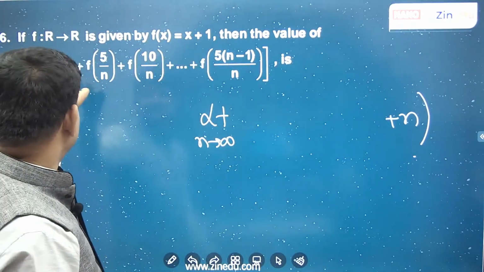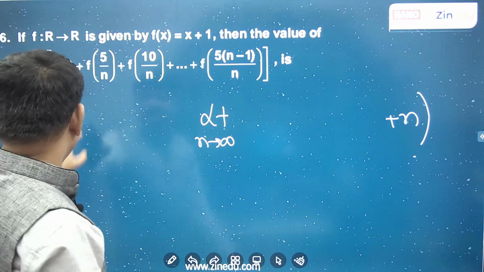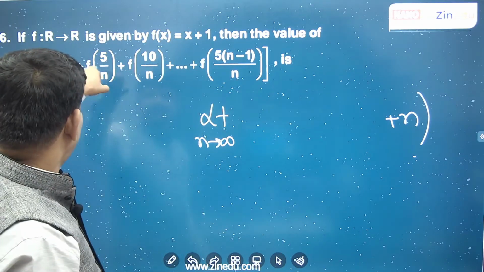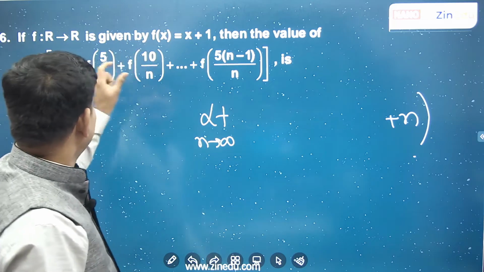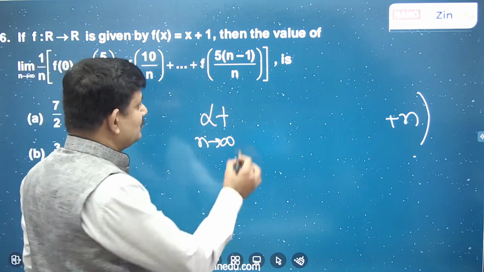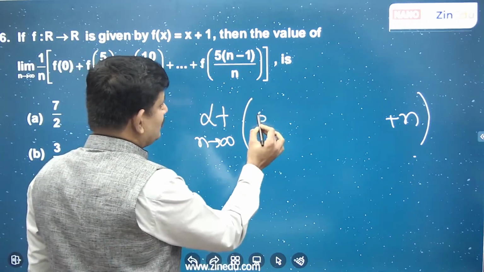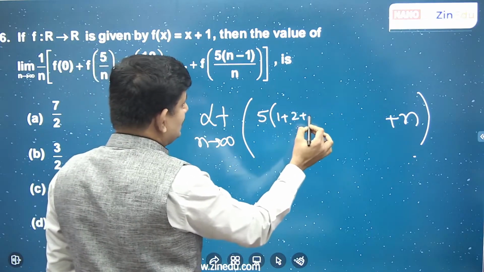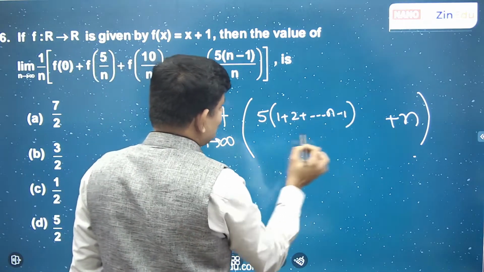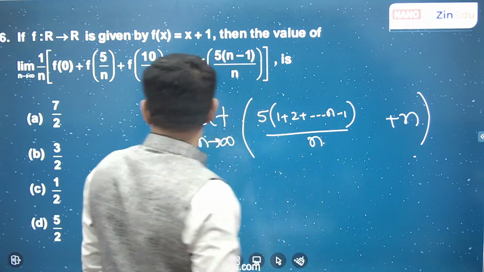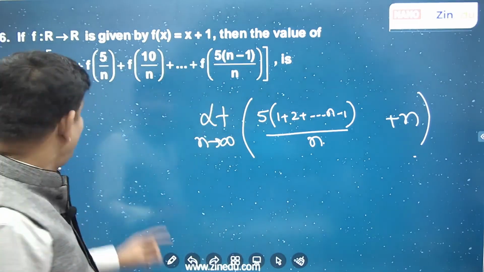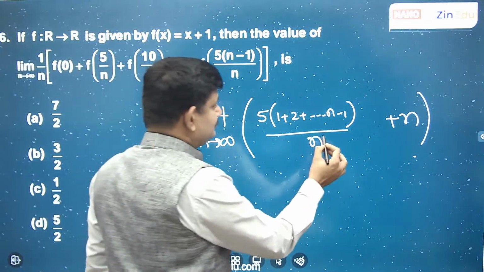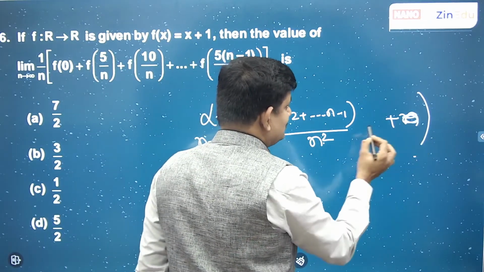F of x is x, so nothing more to write about x. So 5 by n, 10 by n, and so on up to 5, I can take common. Then what do I have? 1 by n, 2 by n, 3 by n, and so on up to n minus 1 divided by n. And the whole is divided by n, n square, and this becomes 1.